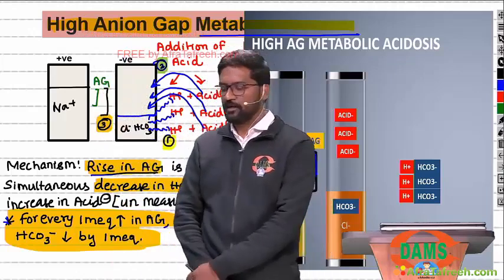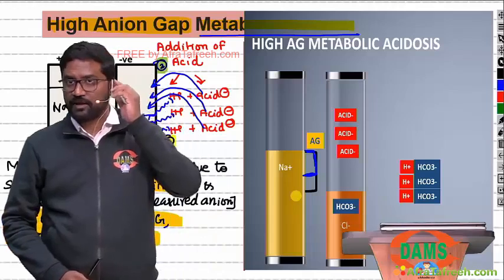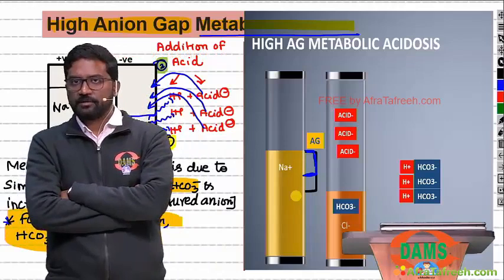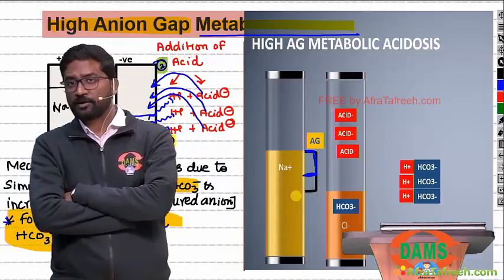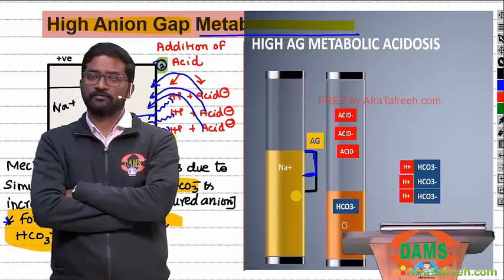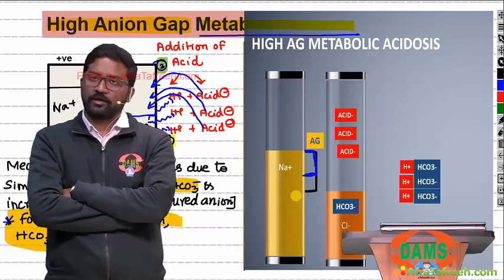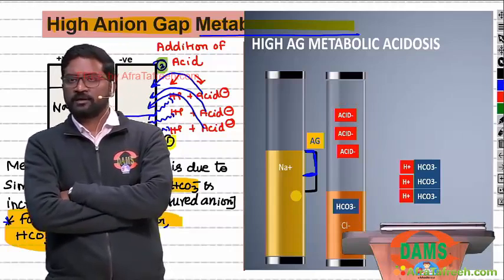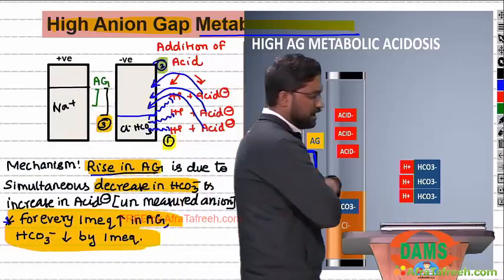You must be knowing any alcohol can get converted into aldehyde, aldehyde to acid. Ethanol can get converted to acid. Methanol can get converted into formic acid, and ethylene glycol can get converted into oxalic acid, and any drug which is acid, it is nothing but salicylic acid.